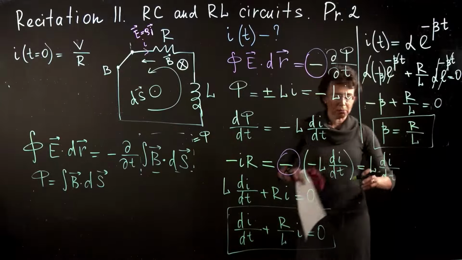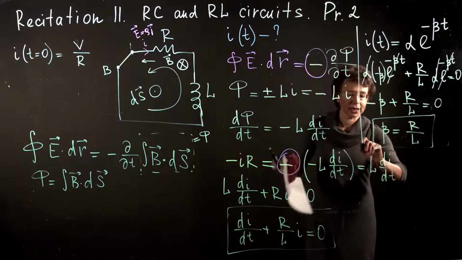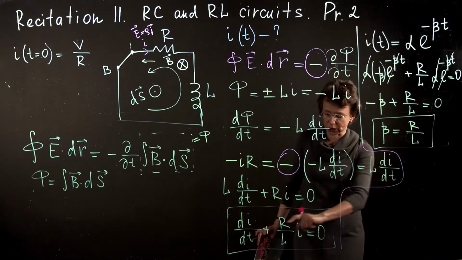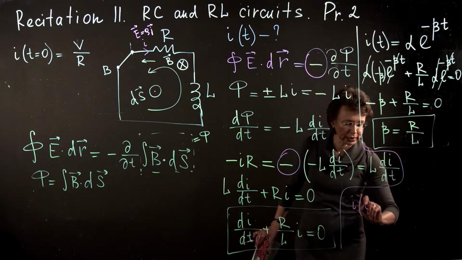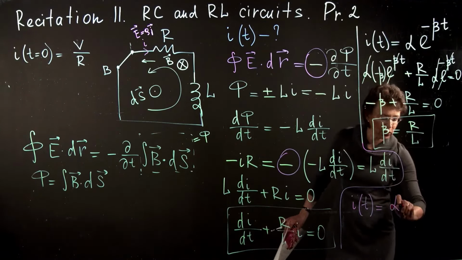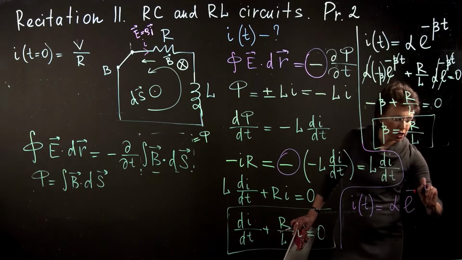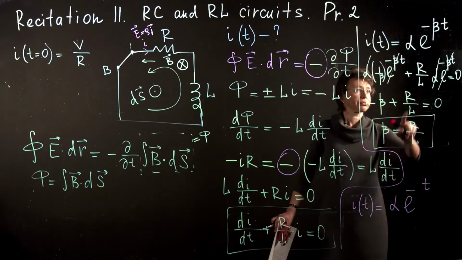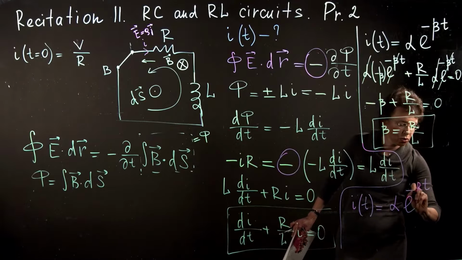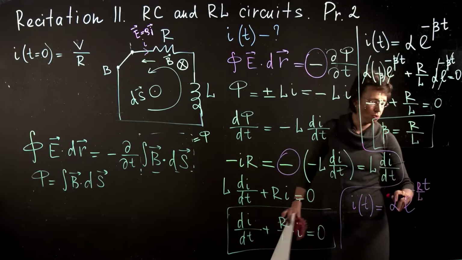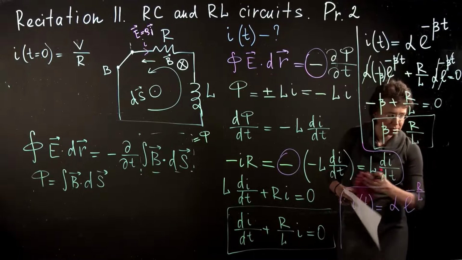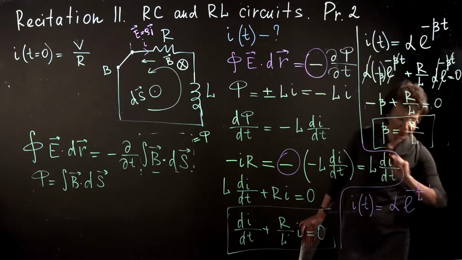At this point, my solution looks like, let me write it here. My solution looks like current as a function of time is unknown constant alpha times exponential function minus beta t, and beta is r over L, minus r over L t.